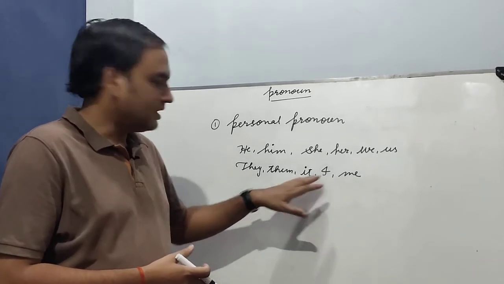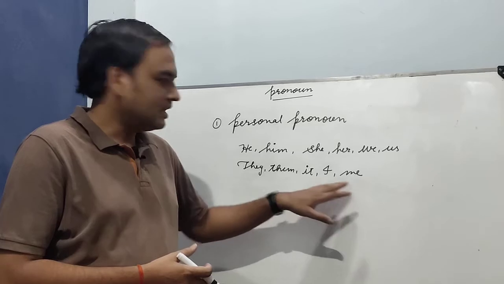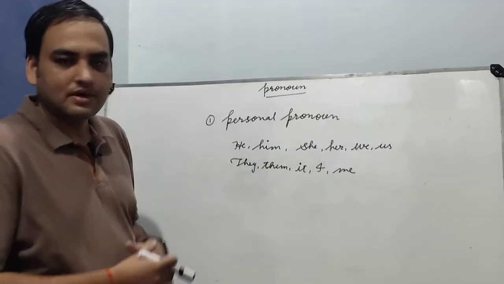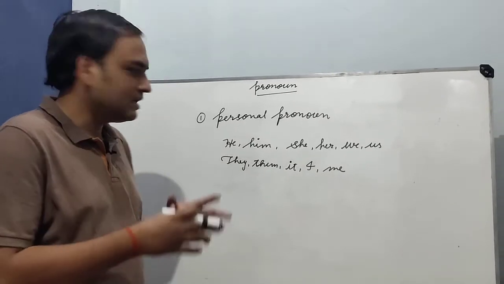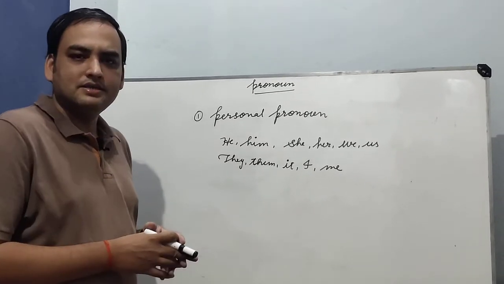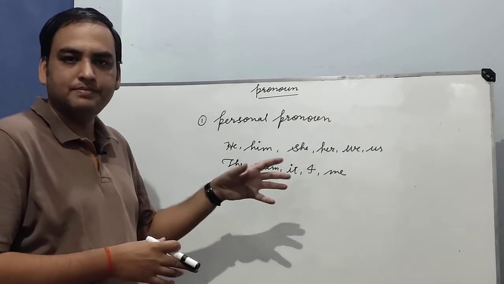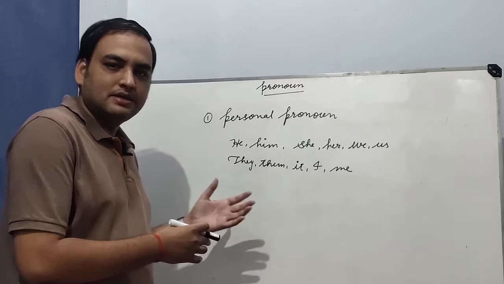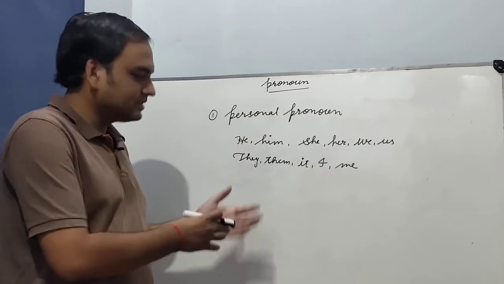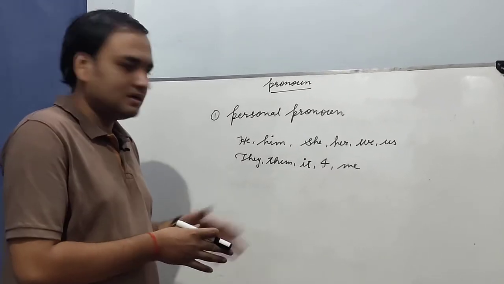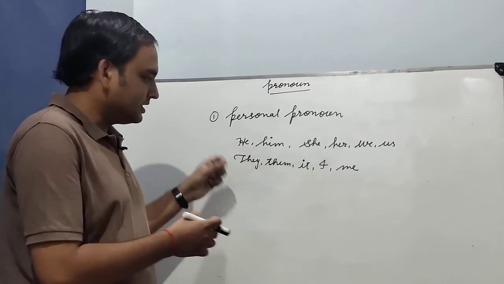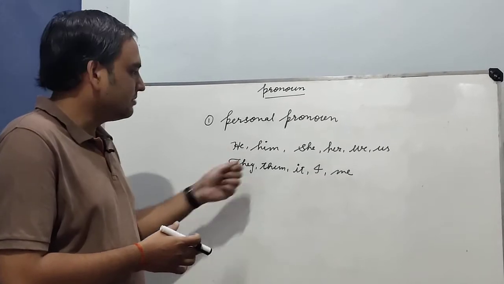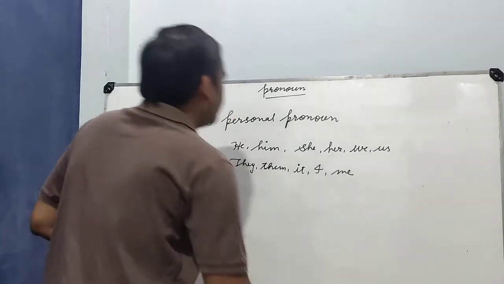It is used, and I is used for singular, and me is used in objective case, I is used in nominative case. Okay, so these were the personal pronouns. They are used in various sentences to replace noun. I have already explained these personal pronouns in my previous example, so I am not repeating here or writing any example to explain my concept. So directly we come to the next kind of pronoun.